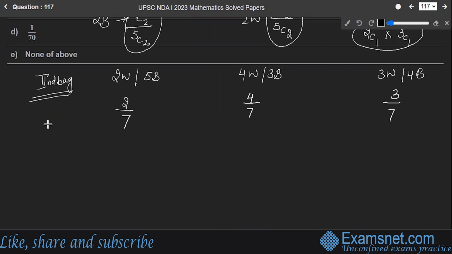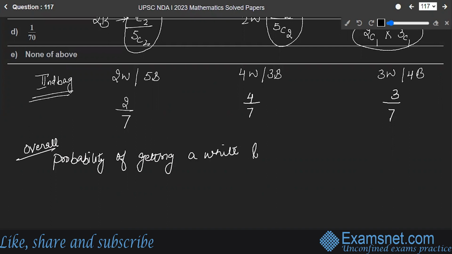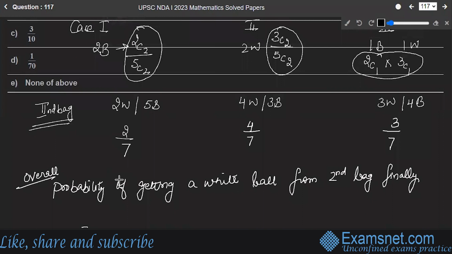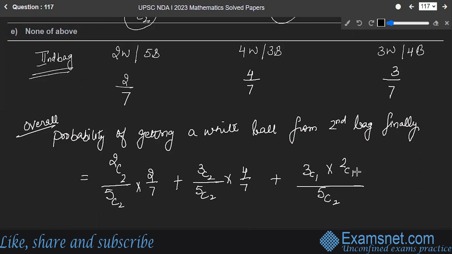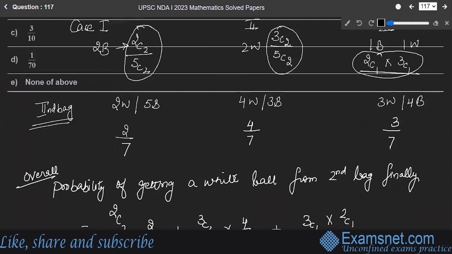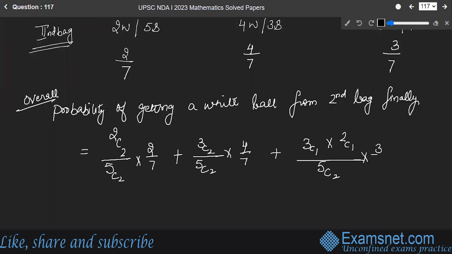Now, the overall probability of getting a white ball from the second bag finally will be given by 2C2 upon 5C2 multiplied by 2 by 7, plus 3C2 upon 5C2 into 4 by 7, plus 3C1 multiply 2C1 upon 5C2 into 3 by 7.